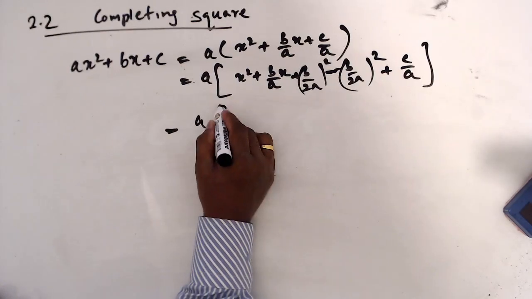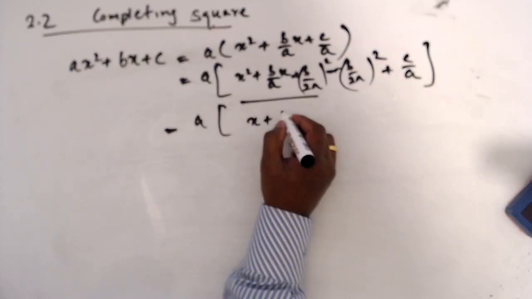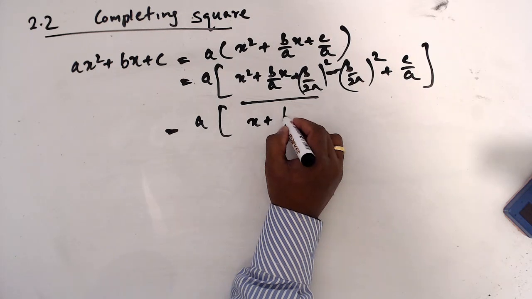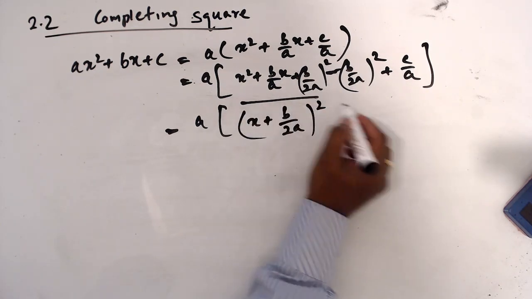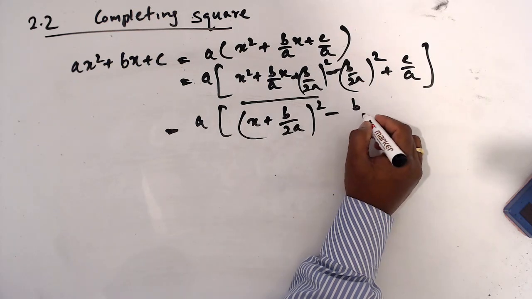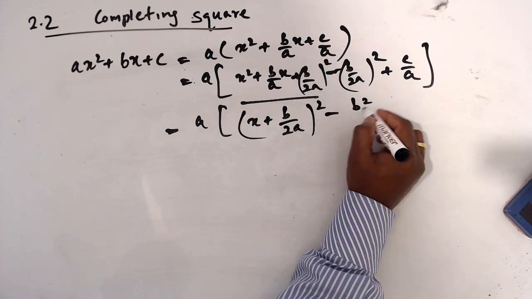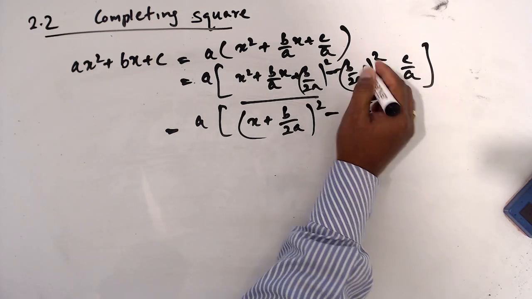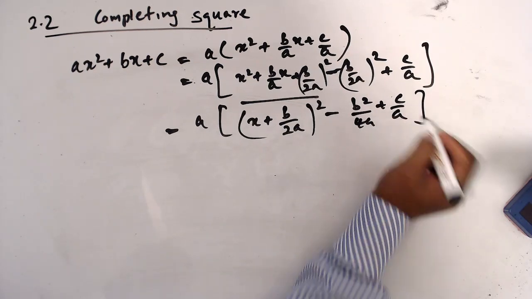Now a times, I know this one, x plus b over 2a square, these three, and minus b square over 4a square, I square it, plus c over a.